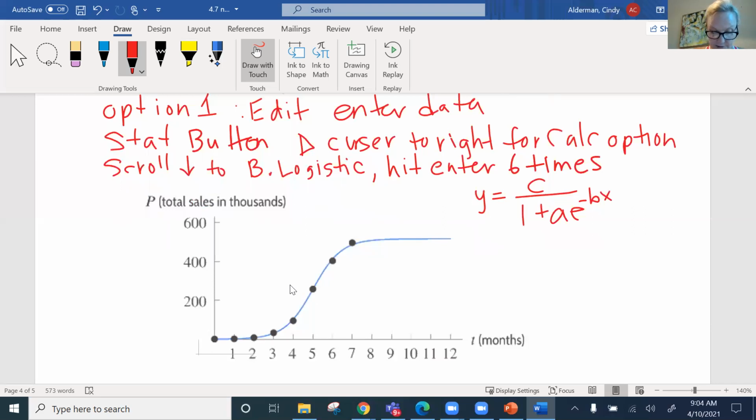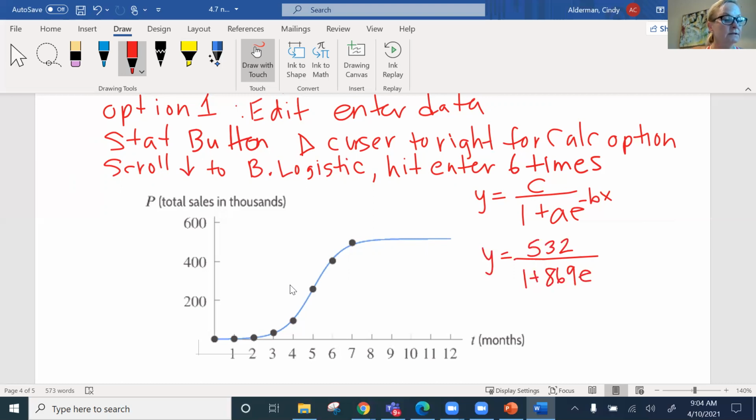So if we replace all of those, we can say that our C value is 532. I'm just rounding. The C value I got was 531.63. That's your numerator. This would be 1 plus, and they tell us that the A value is 869.05, so we'll just say 869.